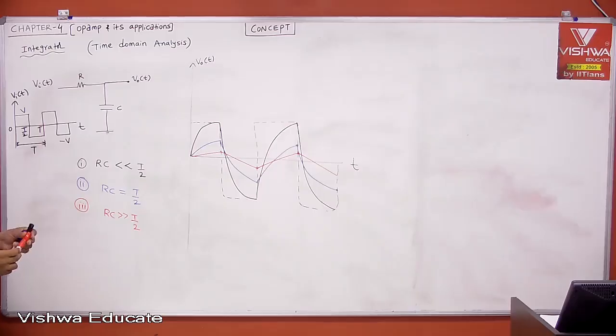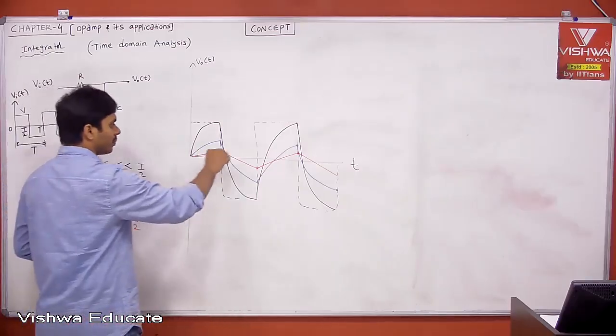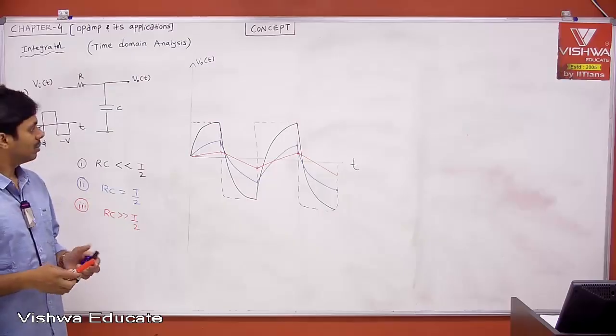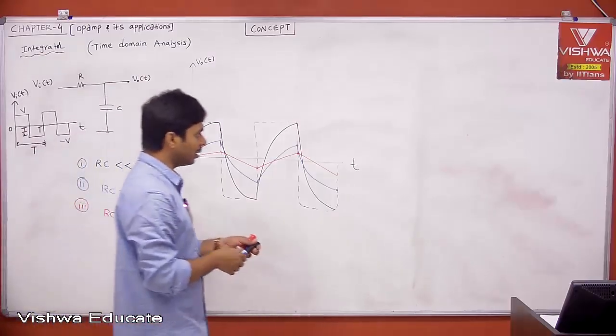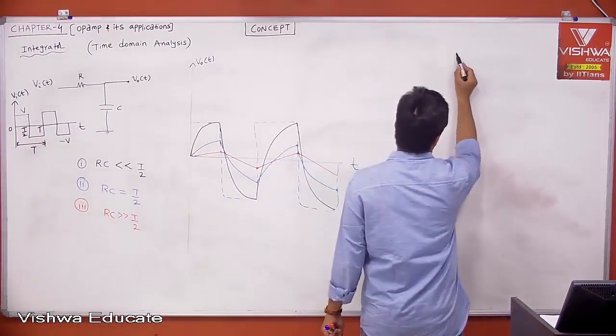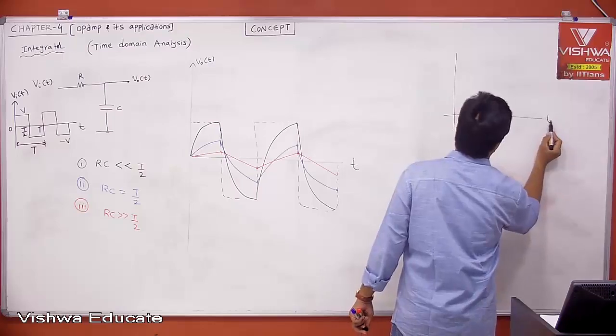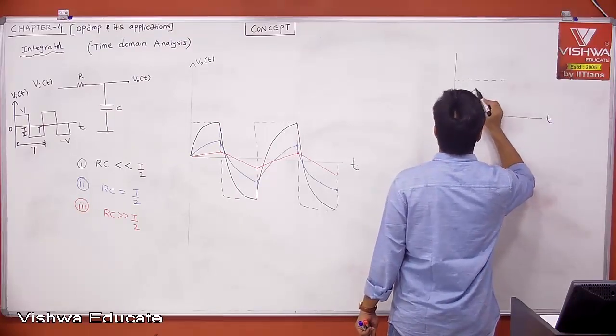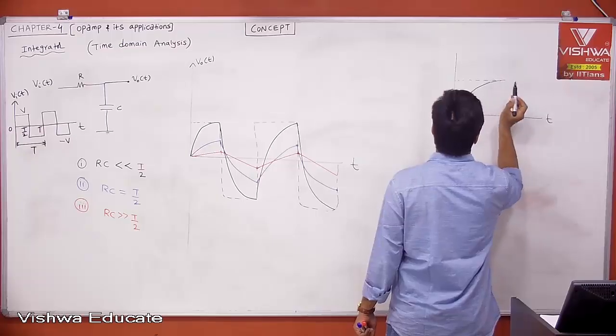Is it a linear increment? Yes, almost linear increment. Let me explain. If you take the voltage across the capacitor, when you give a step signal, the voltage across the capacitor increases exponentially.